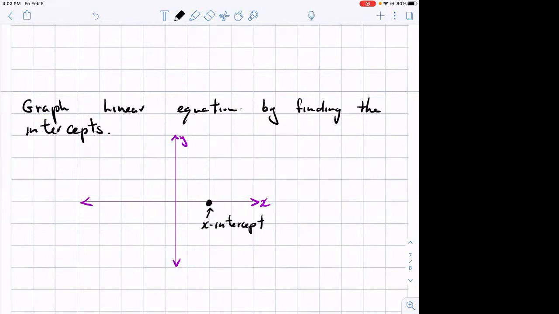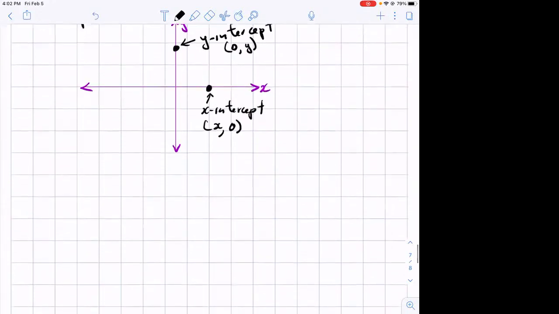And notice for an x-intercept, that point will be some x value and the y value is 0. Likewise, this is called the y-intercept. Notice for a y-intercept, the x value will be 0 and the point will be some y value.